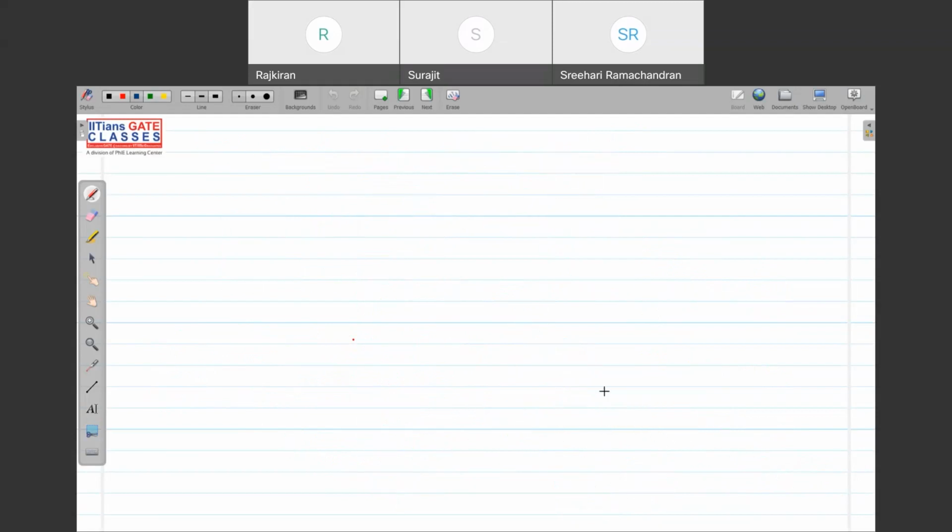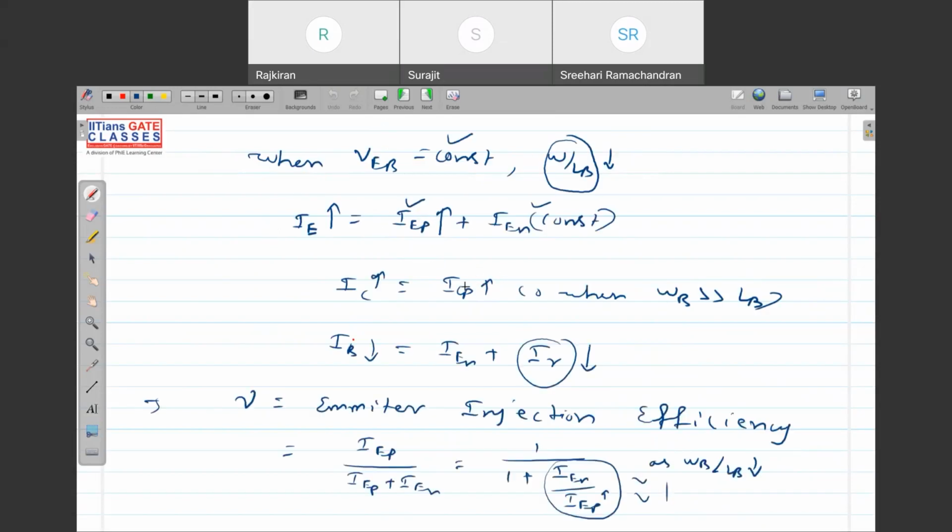Now there is something called B, the base transport factor. It is defined as ICP by IEP. So what is the base transport factor?